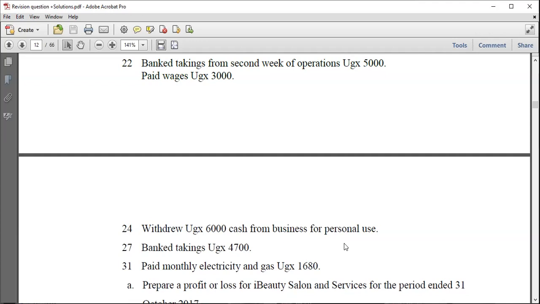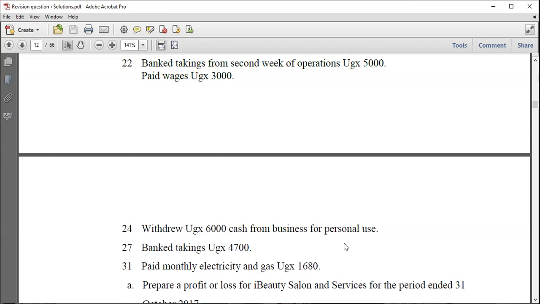It states that the owner and the business are totally separate legal entities. So if we withdraw 6,000 cash from the business for personal use, here we have what we call drawings, because the owner took money for his personal use.